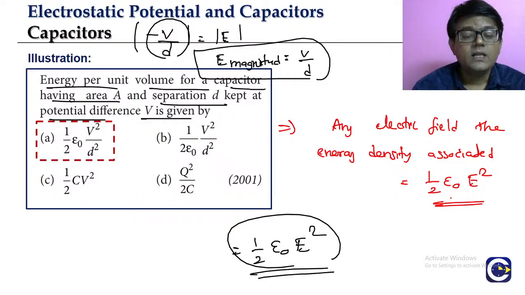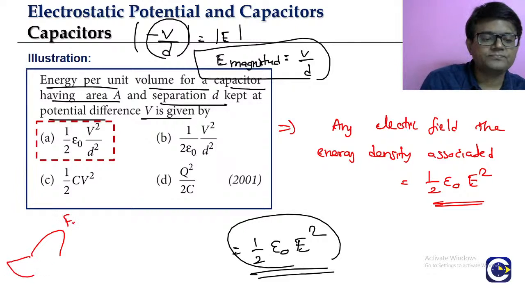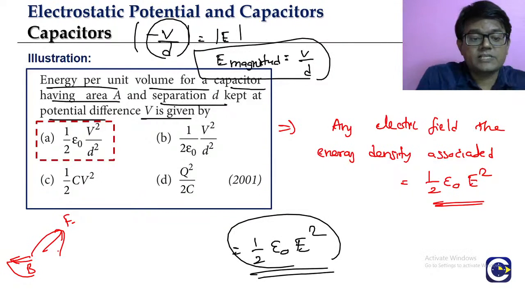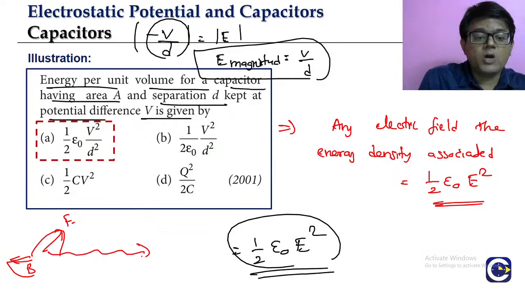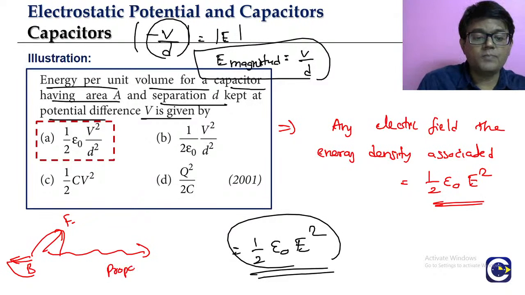Remember, this formula we are going to use again when we go to electromagnetic waves. Electromagnetic waves are waves where electric fields and magnetic fields oscillate. They oscillate in perpendicular directions, and the wave propagates in a mutually perpendicular direction.